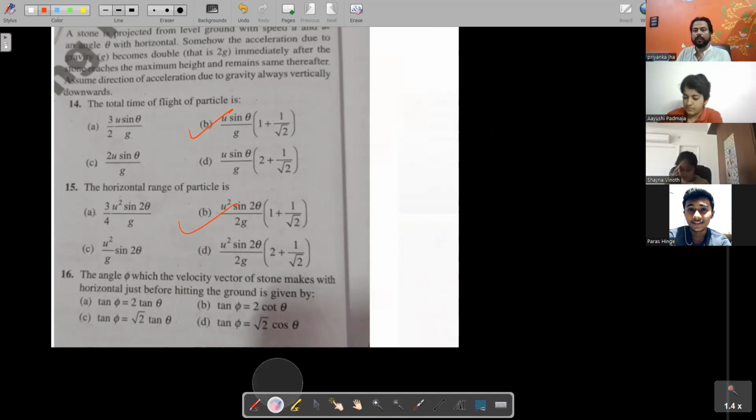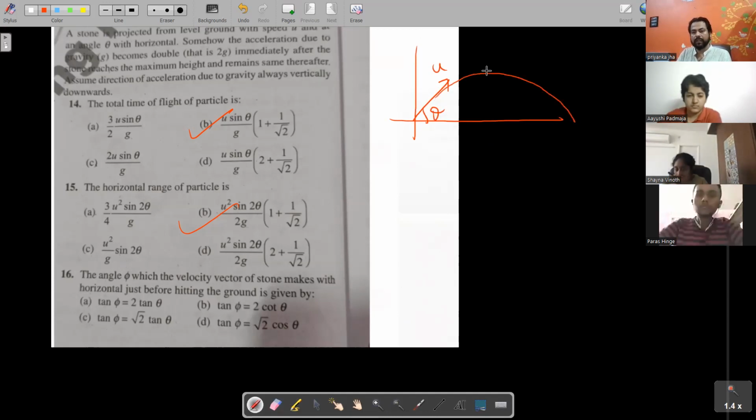See, you have projected with u at some angle theta. It will follow a parabolic path. After reaching maximum height, it will have acceleration 2g. Now it is saying that the angle phi which the velocity vector of the stone makes with the horizontal just before hitting the ground.